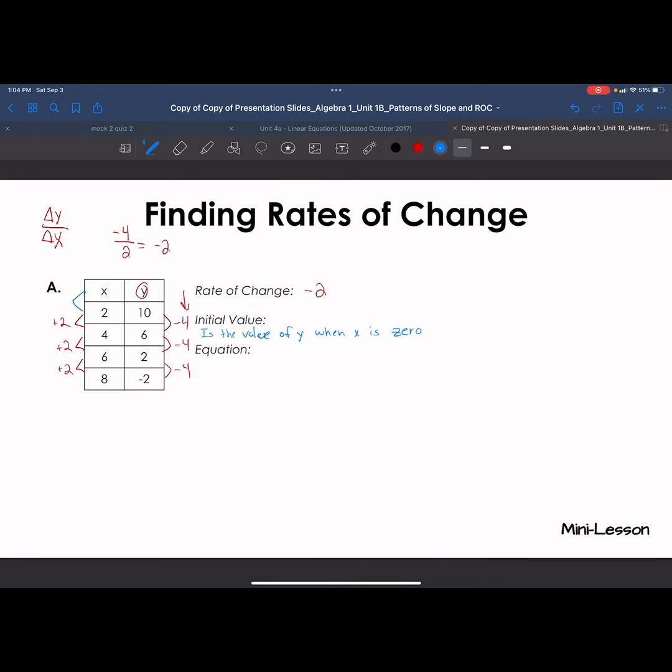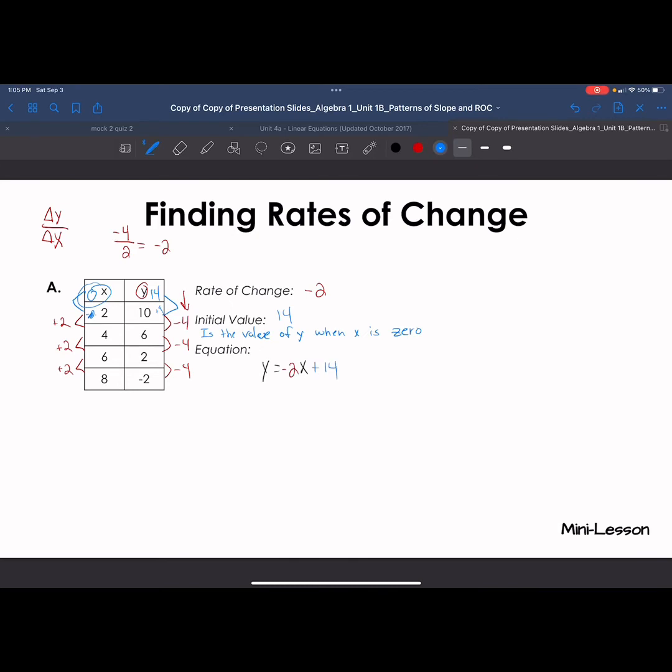So 2 minus 2 equals 0. So we found x equals 0. And we can do the same thing on this side. The opposite of negative 4 is plus 4. So 10 plus 4 is 14. So we know our initial value, because x is 0 here, is 14. So our equation is y equals negative 2x plus 14.